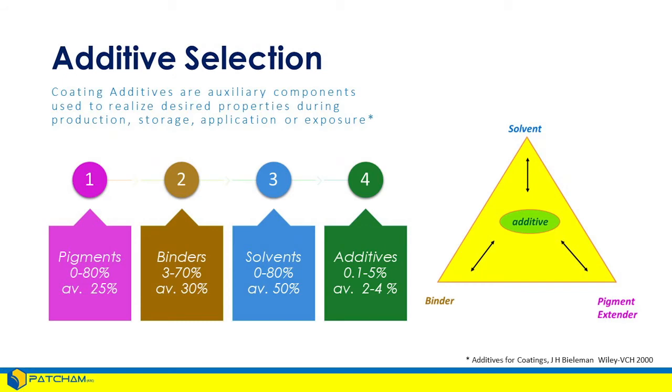So if we take a look at the components, the materials that are used to make a paint formulation. Pigments, well, that's why we paint. We want to change the color. So pigment makes up a big part of the formulation depending on the color that's selected. There are also functional pigments that are put in to add an additional physical benefit to the formulation.